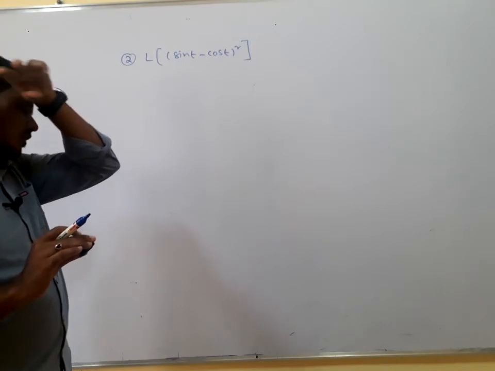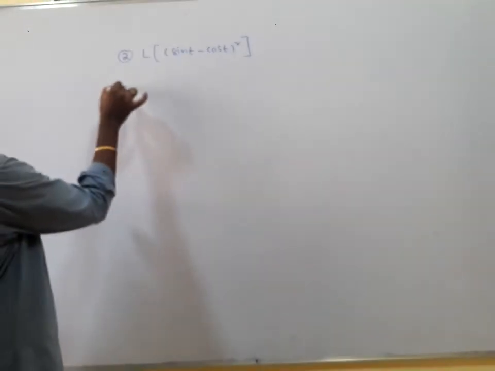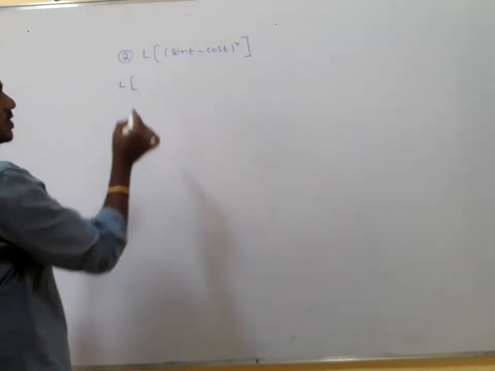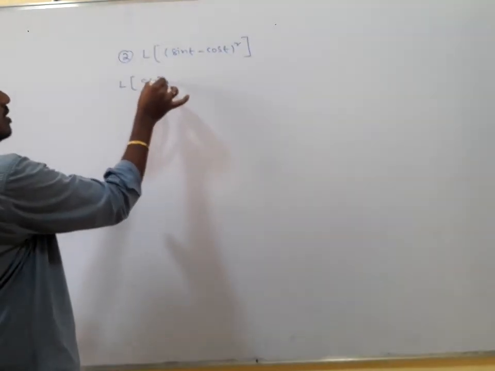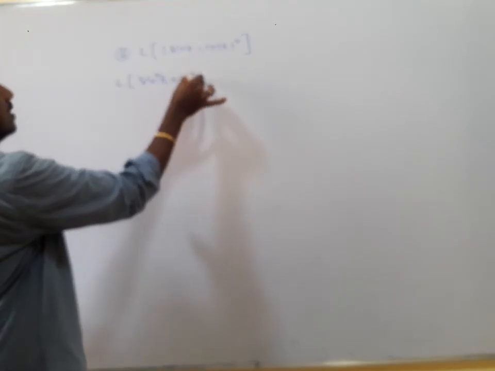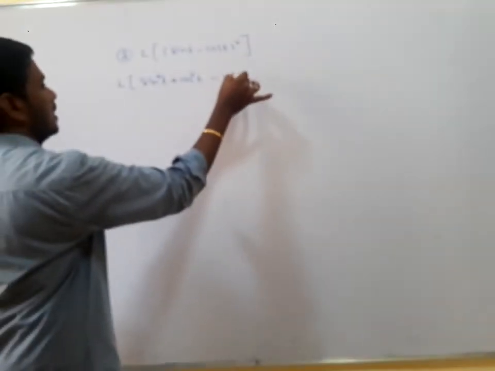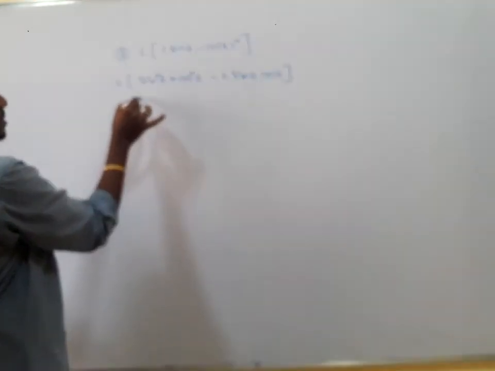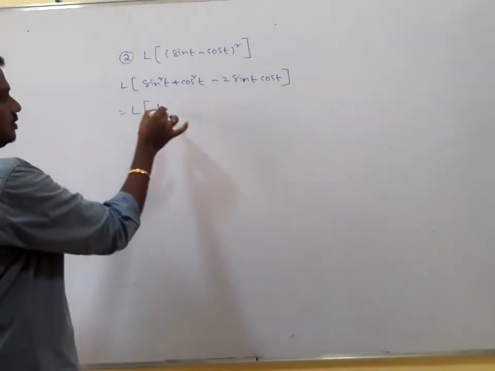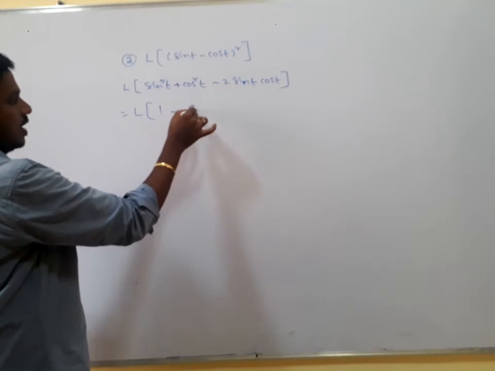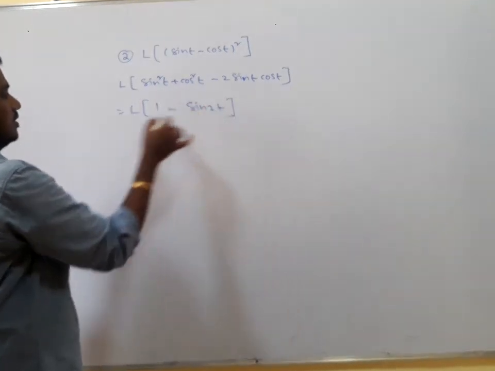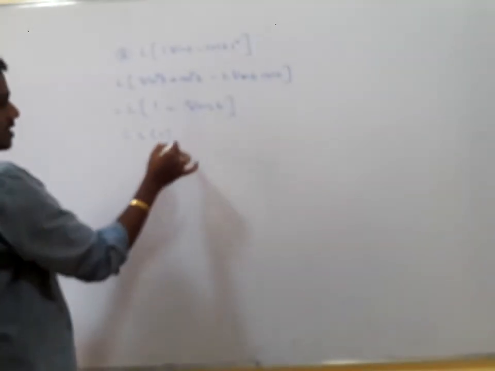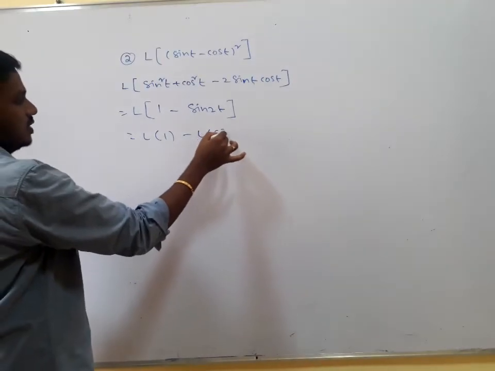Not squares, not products. Here I am going to expand this. (a minus b) whole square gives sin square t plus cos square t minus 2 sin t cos t. Laplace transform of sin square t plus cos square t is 1, minus 2 sin a cos a, which is sin 2a, so 1 minus sin 2t. By using the linear property, Laplace transform of 1 minus Laplace transform of sin 2t.